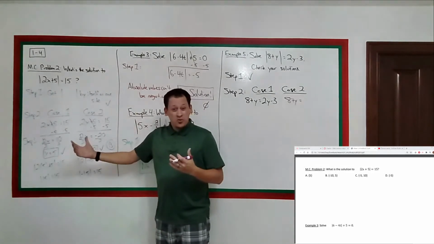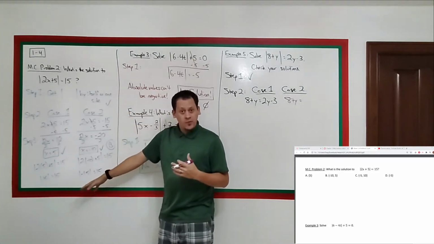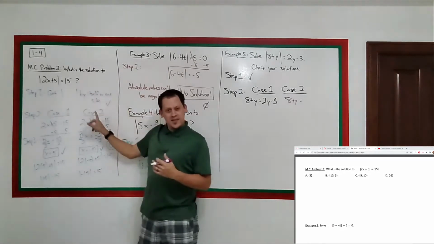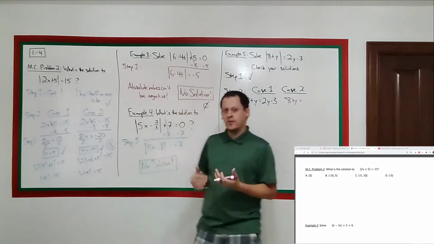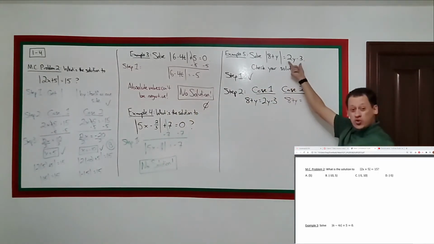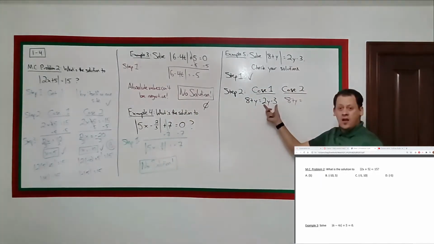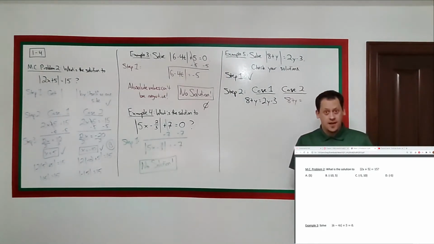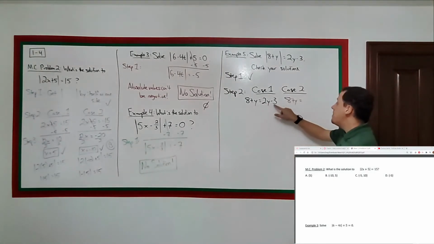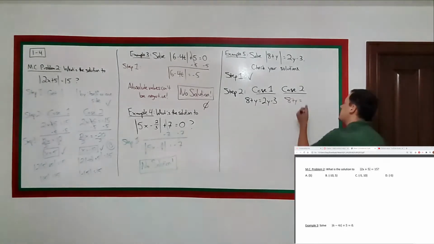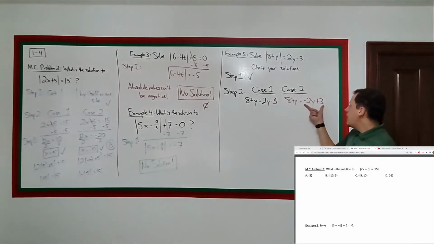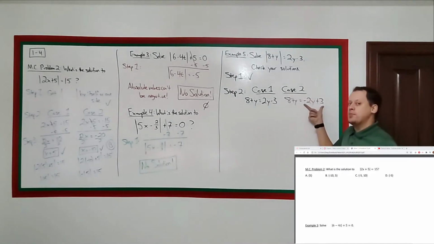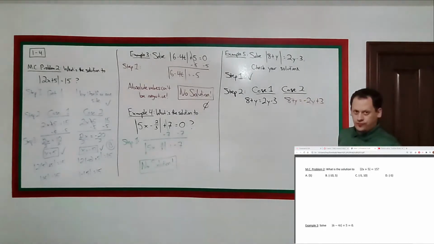Now, in all the examples we've done so far where we went through the whole problem, we only had a number on this side, so we just turned it from positive to negative, or from negative to positive. Here we've got 2 terms on this side. They both have to get the opposite sign. So 2y minus 3 becomes negative 2y plus 3. Every term on the right side of the equal sign needs to get the opposite sign for case 2.